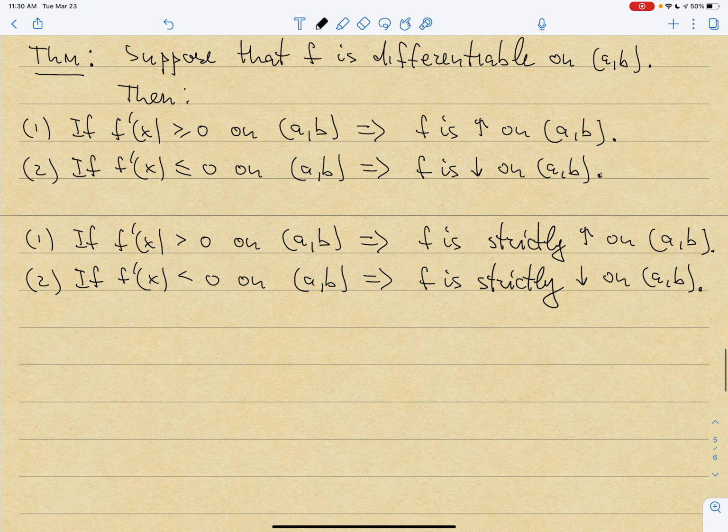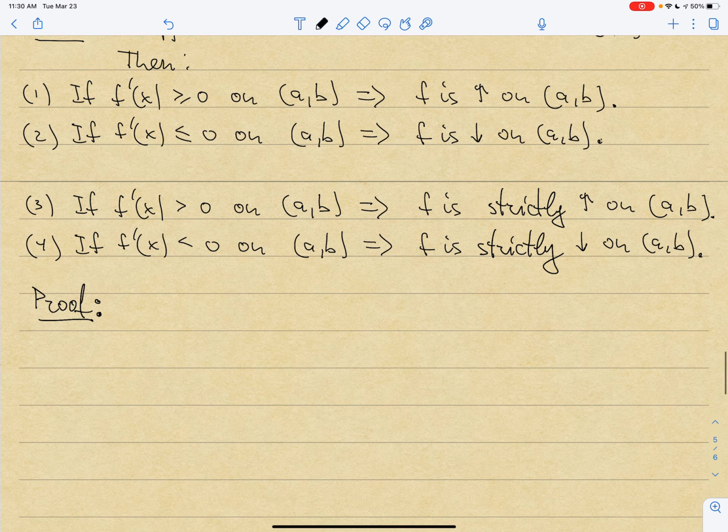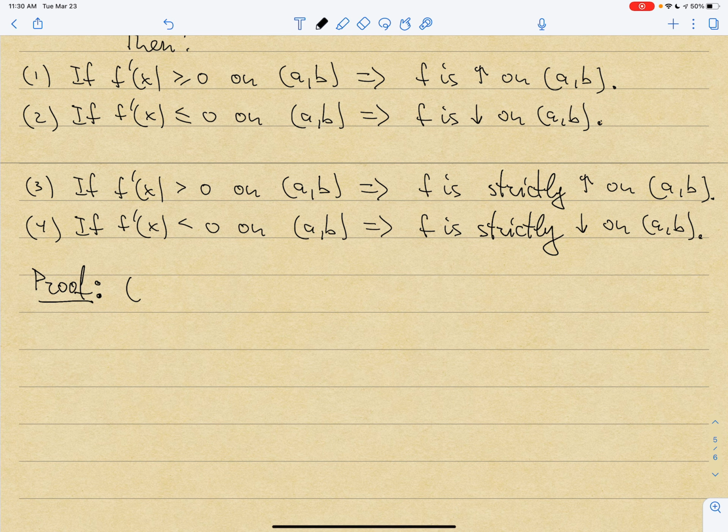Okay, so let's try to prove that. And you already know what statement we would need to use. So let's prove, I don't know, let me change the numbers here. Let's prove number 3. And then the rest will be similar, and you can try to prove them on your own.